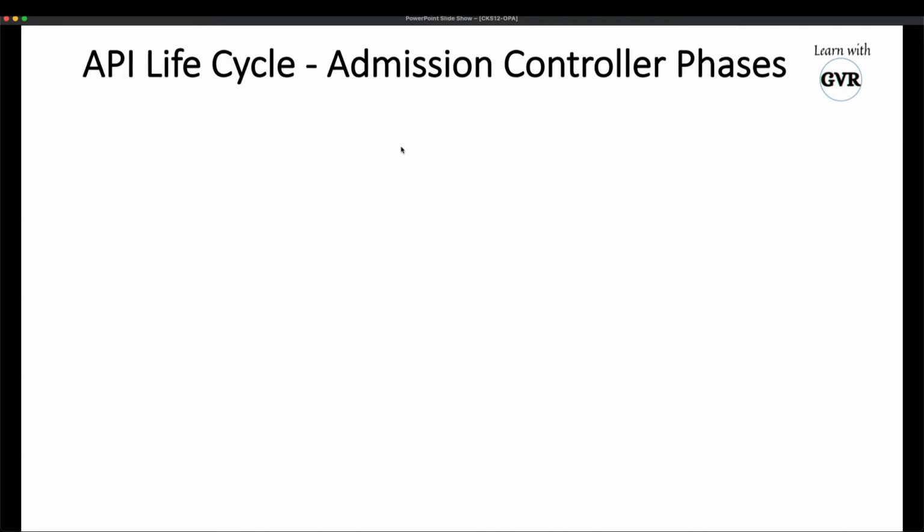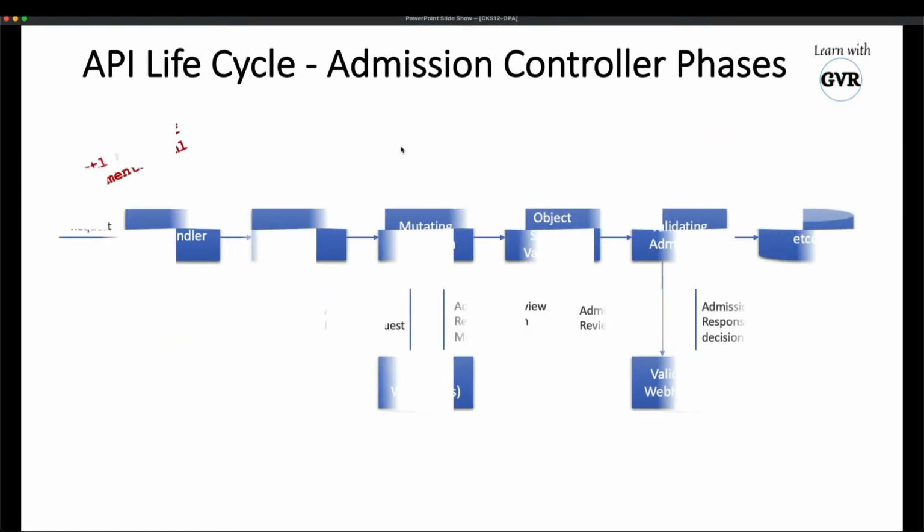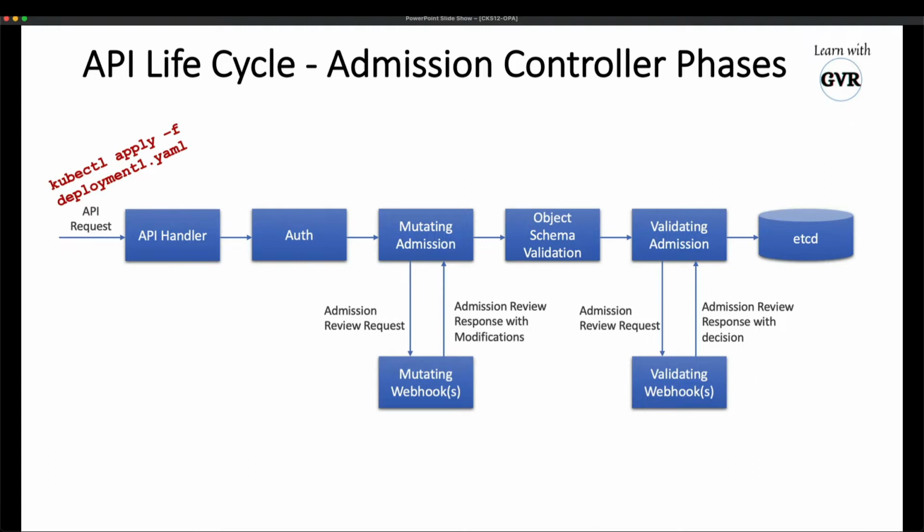Now the next is to understand the admission controller phase. Basically, it is a series of admission controller events triggered by the API handler. After authorization, first mutating comes into the picture, checks whether any webhook is available, and that hook is applied. Then at the last, the validating admission controller comes.